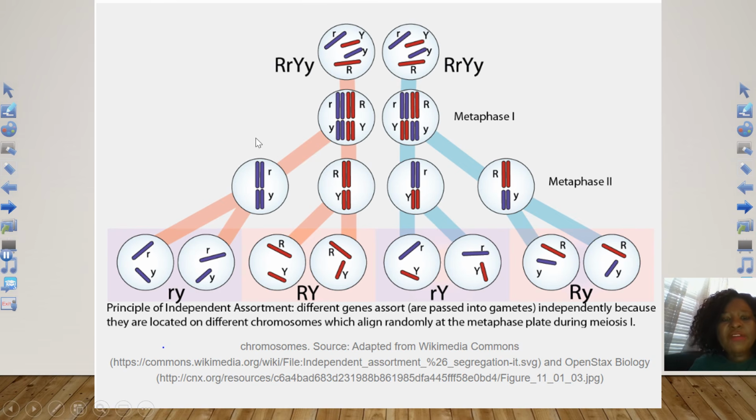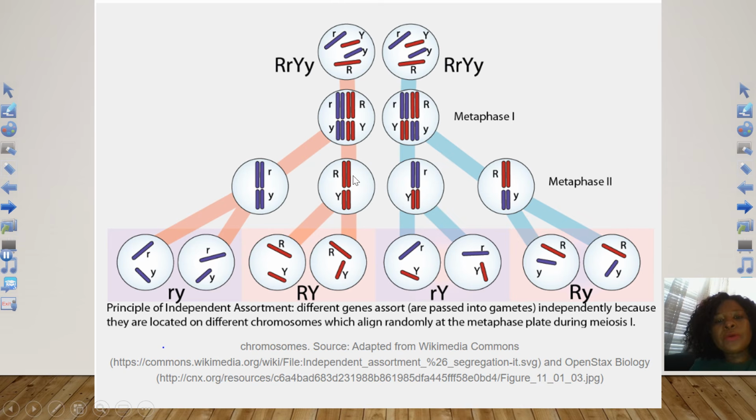So as they have randomly arranged, obviously the next step is anaphase 1, where they move to the opposite poles. So now they've already been arranged in that manner. When this cell splits into two, the blue chromosomes are going to go into the one gamete with the alleles that they are carrying, in this case the small r and the small y.